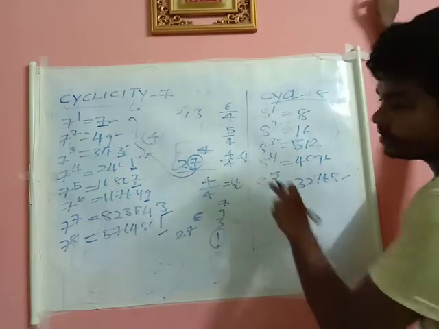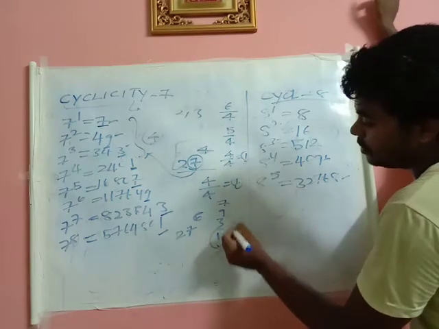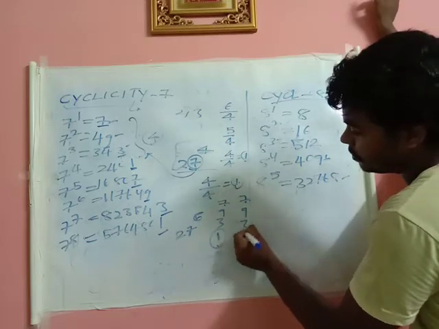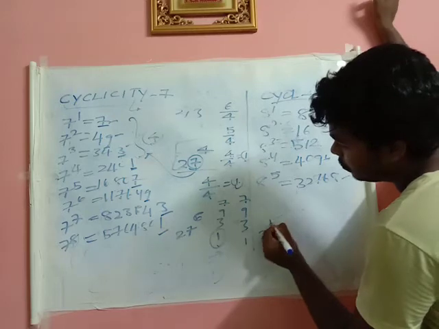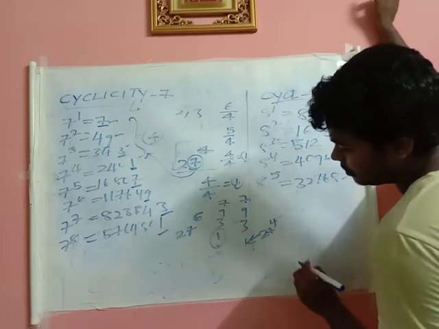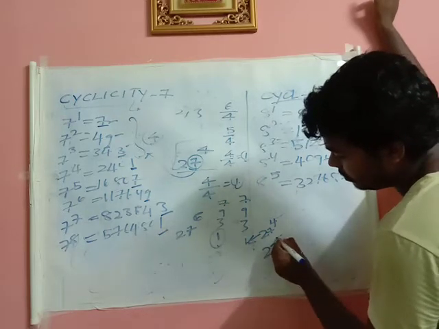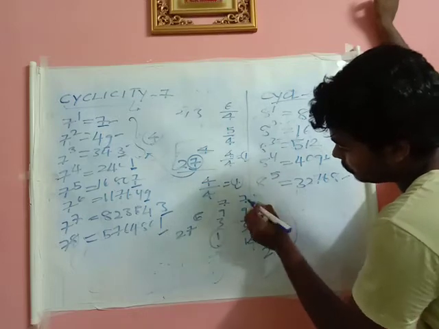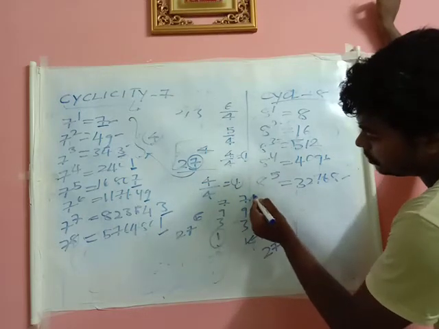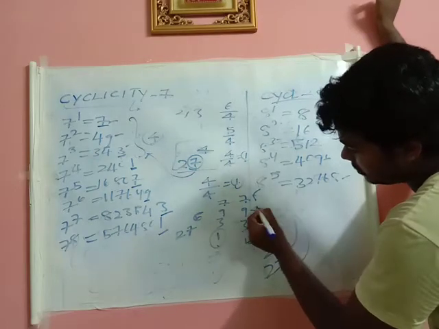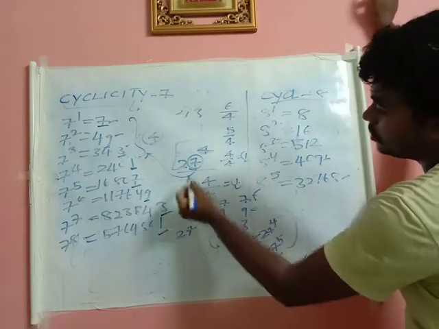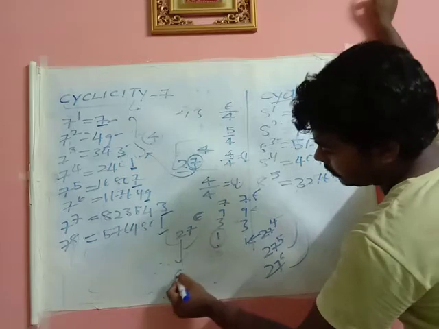So the cycle repeats 1 time: 7, 9, 3, 1. That means for 27 power 4, the unit digit is 1. For 27 power 5, it goes back to 7. For 27 power 6, it comes back to 9. So the unit digit of 27 power 6 is 9.